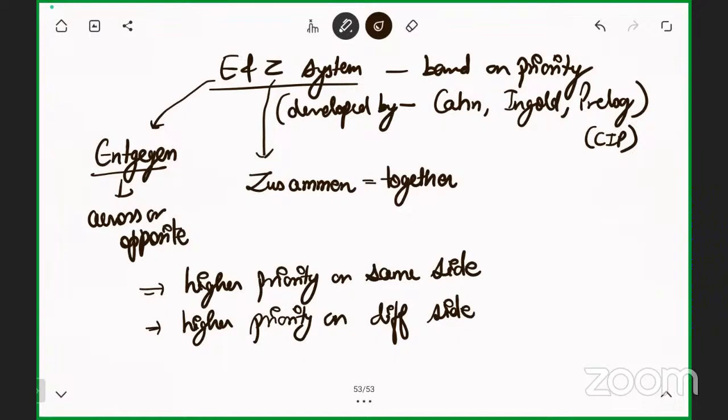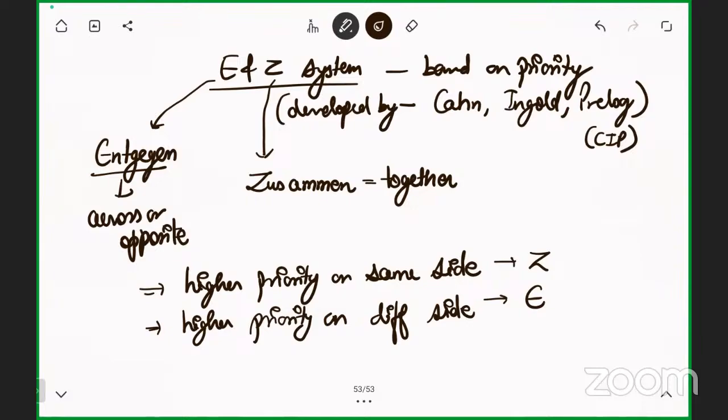What? Higher priority on the same side and higher priority on the different side. If higher priority on the same side, we will say it as Z form. If on different sides, we will say it as E form. Okay. This much clear? Then I will tell how we can tell the priority.